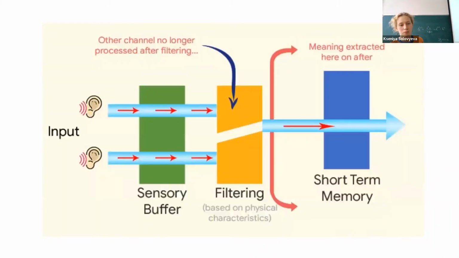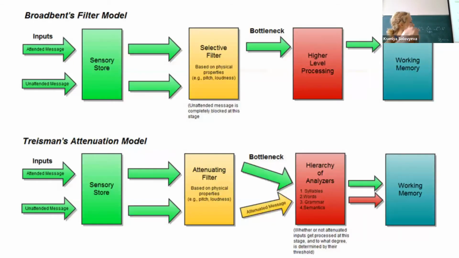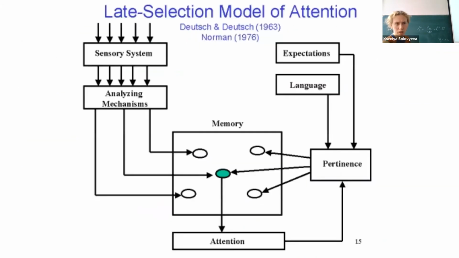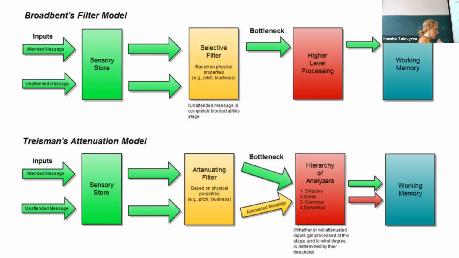But yeah, that's such a model we had. But later, other models like Treisman's attenuation model and the late selection model were created because in some cases people could use information they were not focused on.